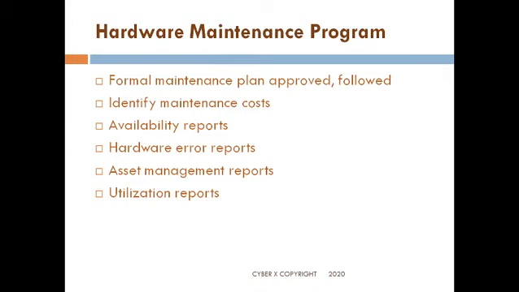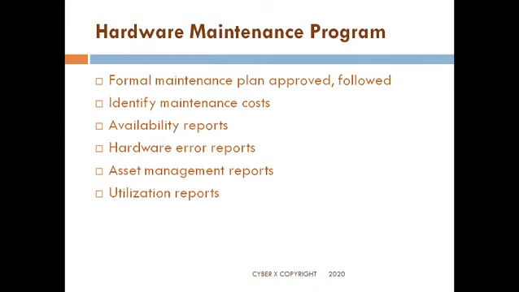Now, what's a hardware maintenance program? It is to ensure that whatever hardware has been delivered and we are working upon follows the rules as it is mandated to. So it should have a proper maintenance plan, and it should be followed. You should start with a proper plan which should be approved, and then it should be followed.